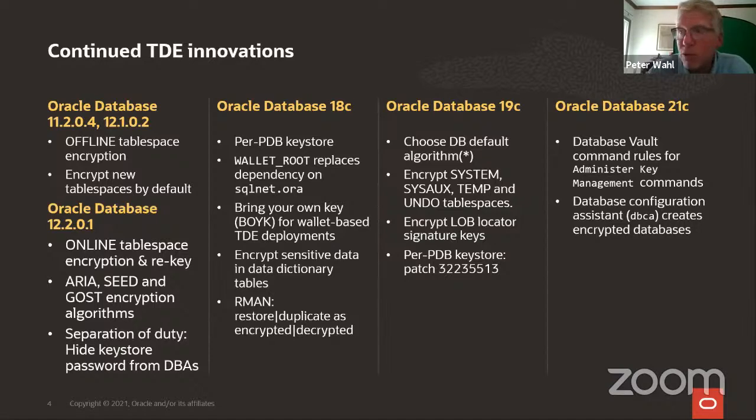So, for example, Virtual Private Database and fine-grained auditing, those security features come with your Enterprise Edition, so you don't have to pay for them. And if you would like to encrypt sensitive data in data dictionary tables, this requires a complete TDE setup, either with a wallet or with OKV, but no ASO license.